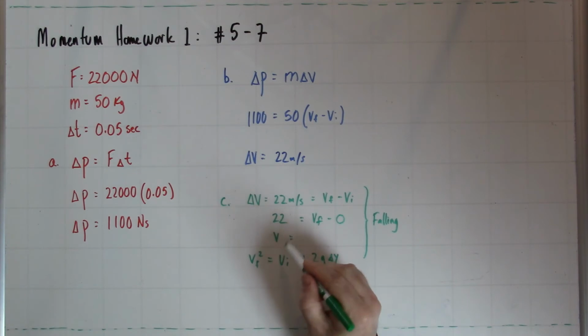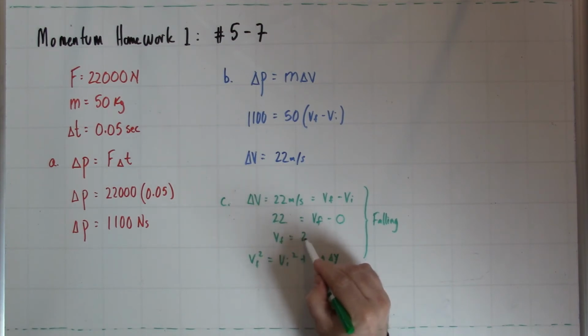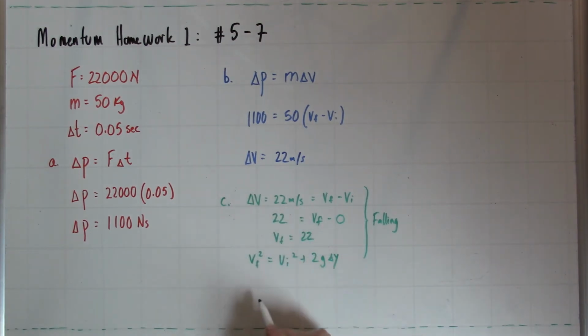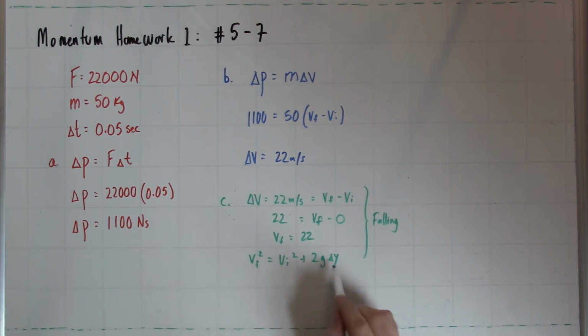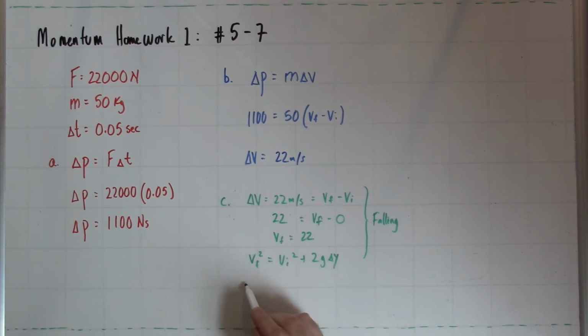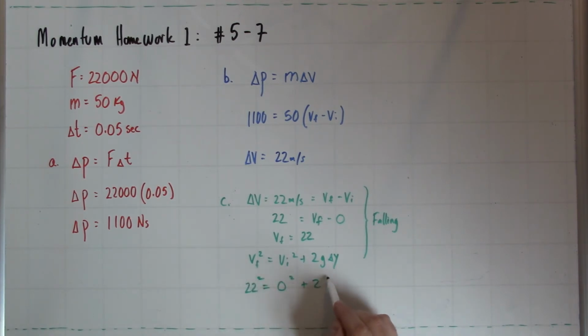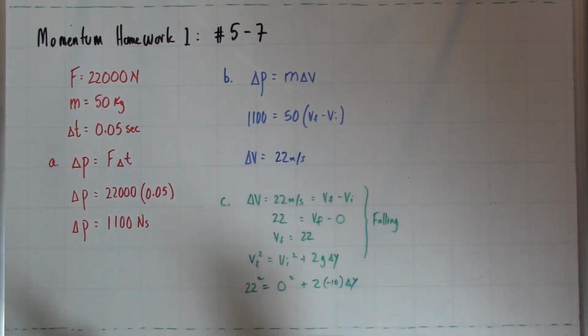So it's the final velocity that is 22. So when you plug this in, delta y is how far you fell. Your final velocity is 22, you fell from rest, so that's 0 plus 2 times negative 10 times delta y. So let's see if we can calculate that real fast.